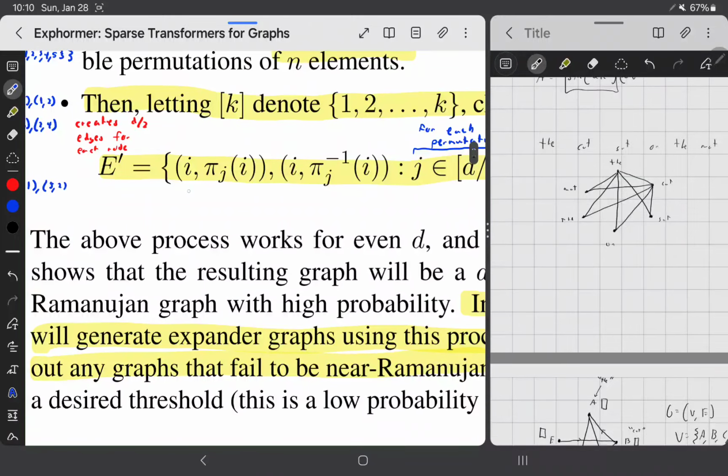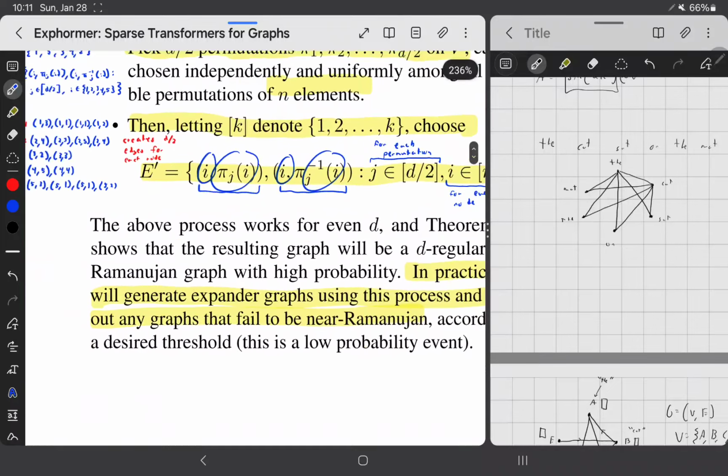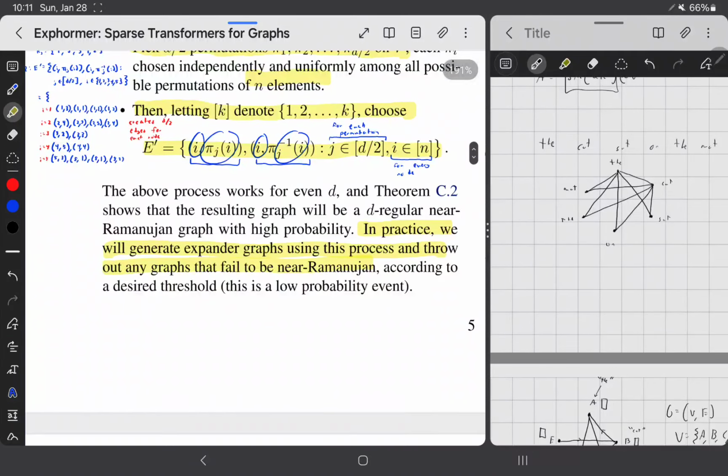You look at every permutation, and you select the ith node from the graph, and then you select the ith node in the permutation. And this basically just defines a set of random nodes, or a set of random edges. And the reason they do that is because they say that the resulting graph will be a d-regular near Ramanujan graph with high probability.